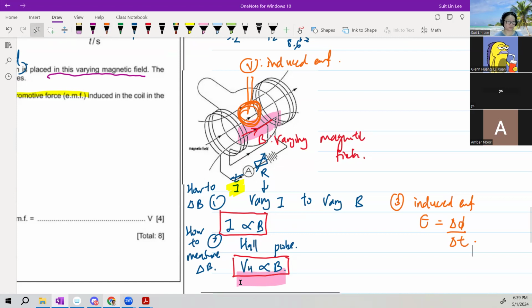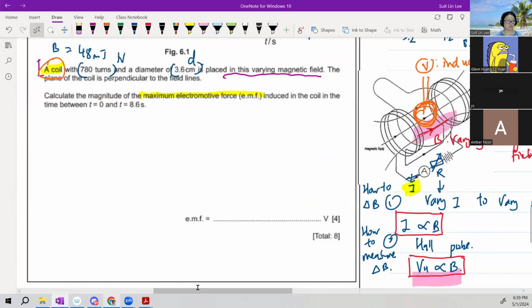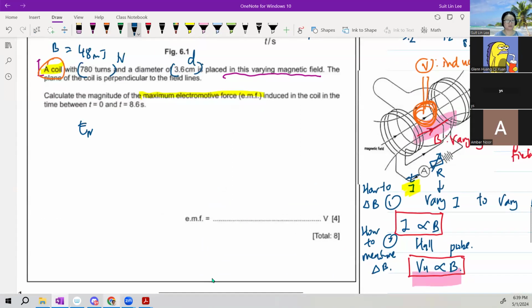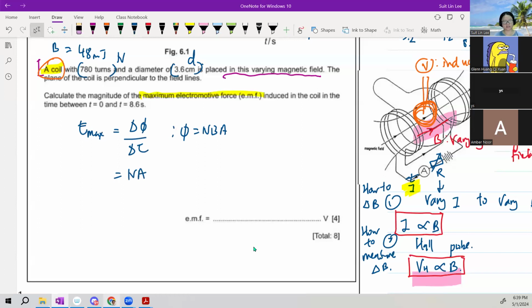So that's why when you reach here, you want to find the EMF that is maximum. You will take the change in flux over change in time, but the flux is NBA. And I know for a fact that N and A doesn't change because the only thing that changes is B. And you want the maximum dB/dt.